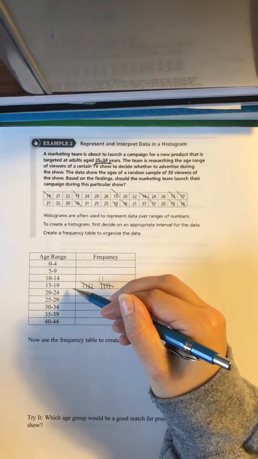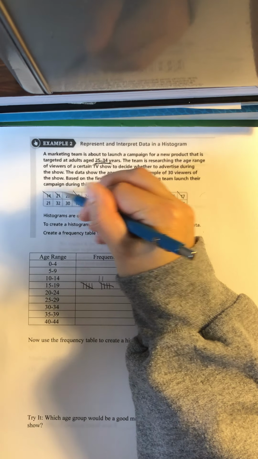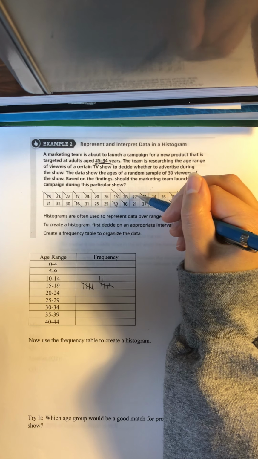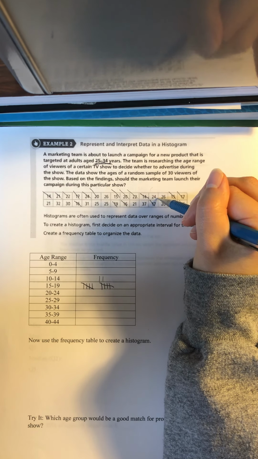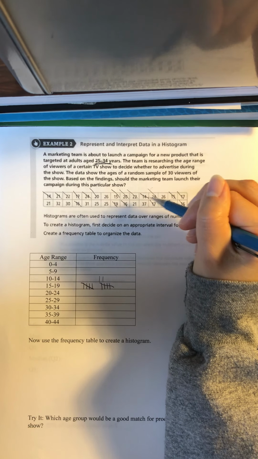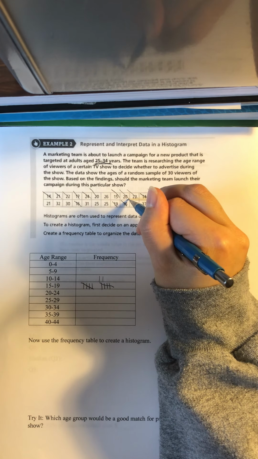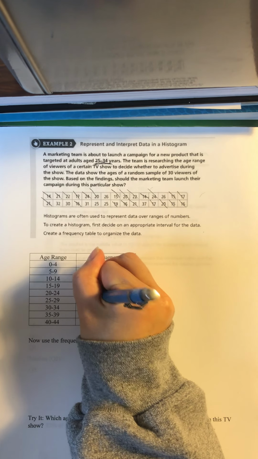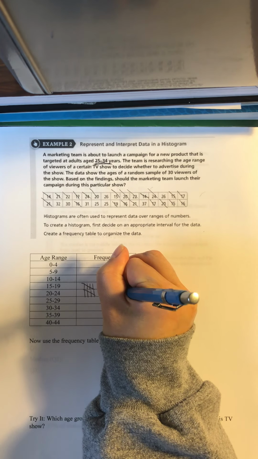For 20 to 24, that's going to be 1, 2, 3, 4, 5, 6, 7, 8, 9, 10. Okay, so there's also 10 for that, so I'm going to do my tally marks.